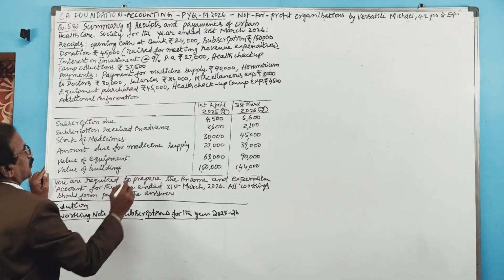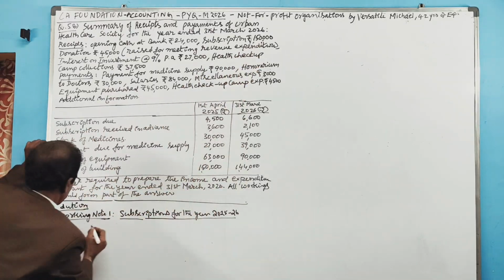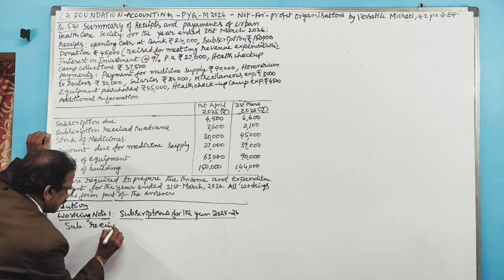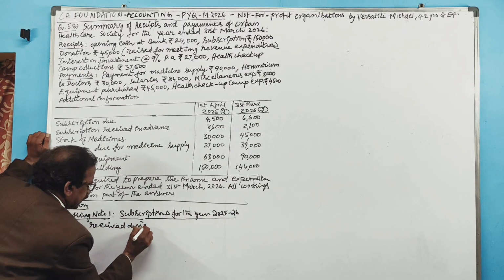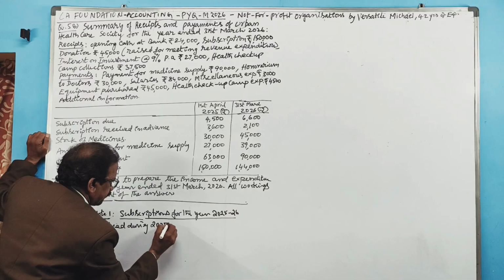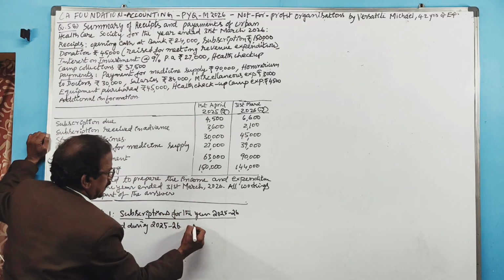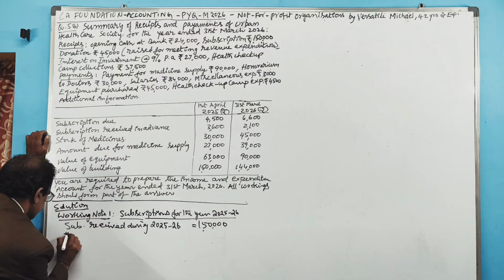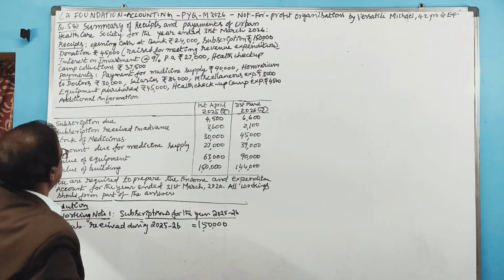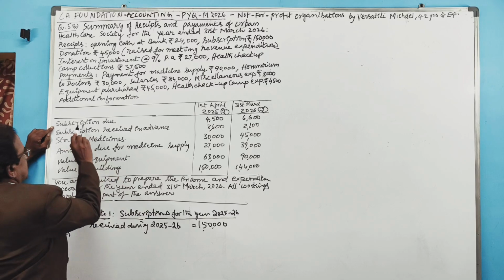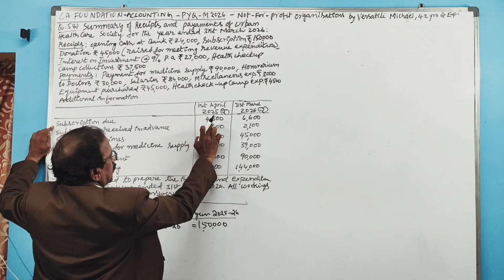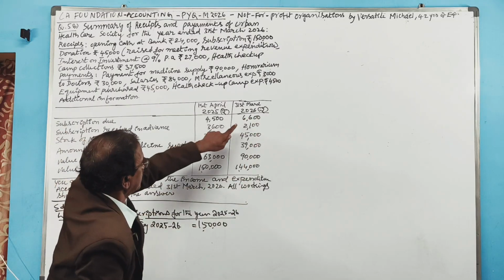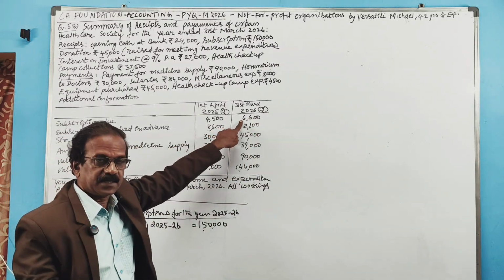So first we take that amount: subscription received during 2025-26 is equal to 1,50,000. To this we should add two items. Subscription due at the end is 6,600.